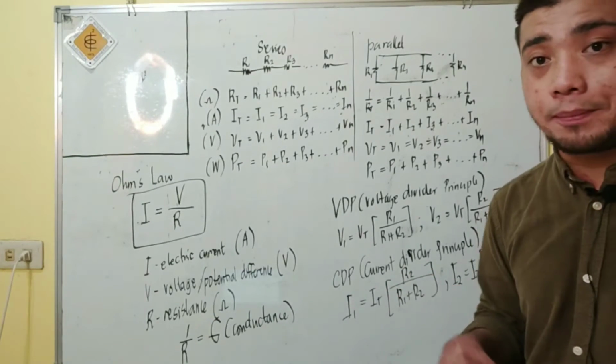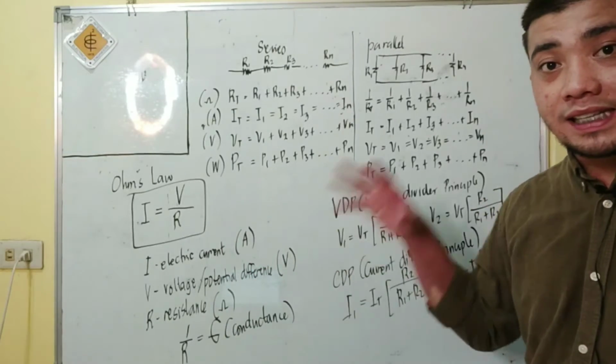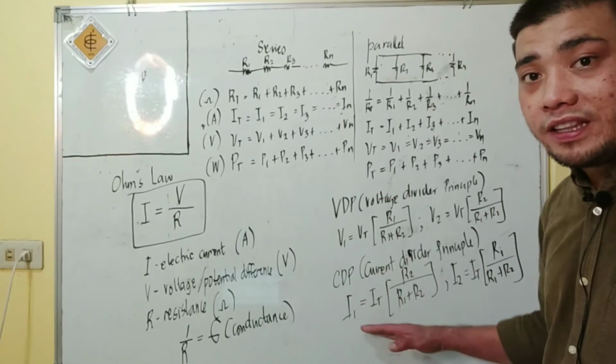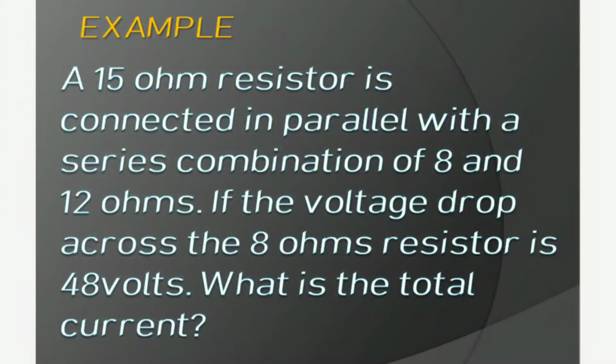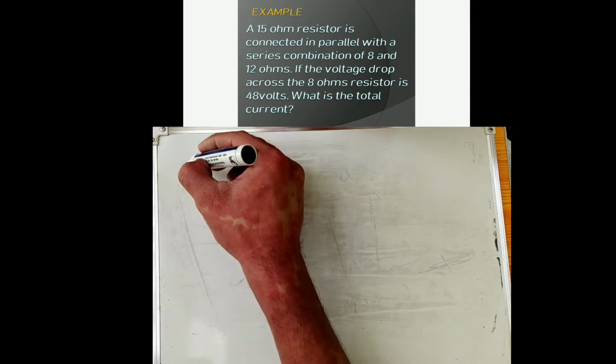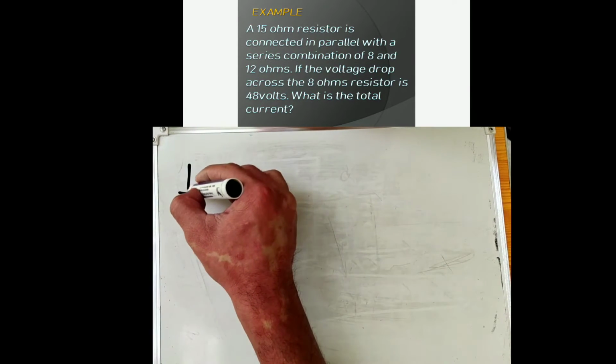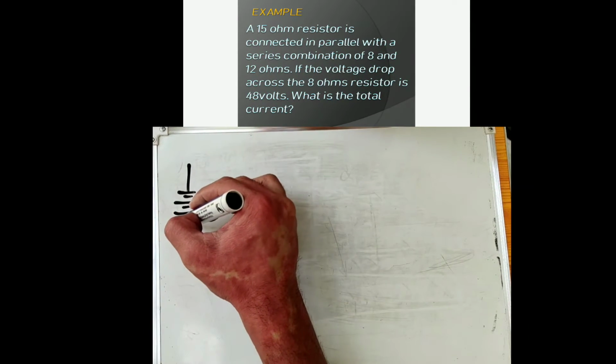I'm going to give an example about Ohm's law, resistance in parallel and series, and also VDP and CDP theory or principles. Meron tayong circuit na mabubuo upon reading the problem. So, we have, syempre, meron tayong source.